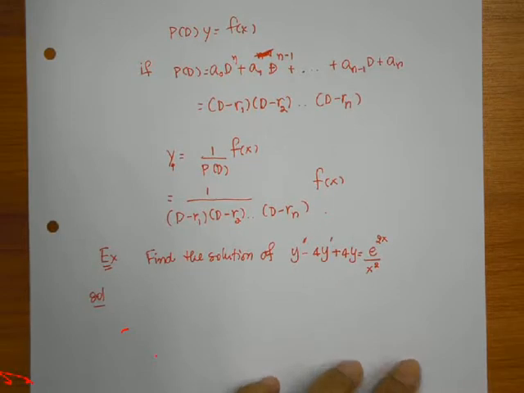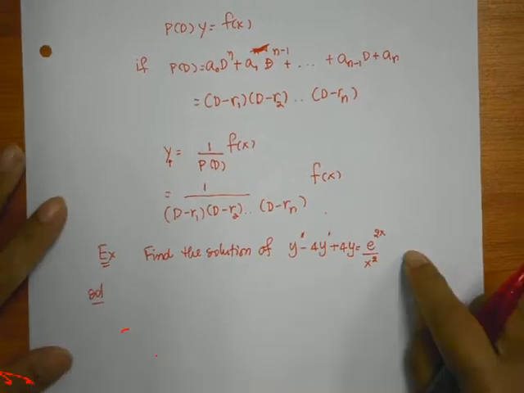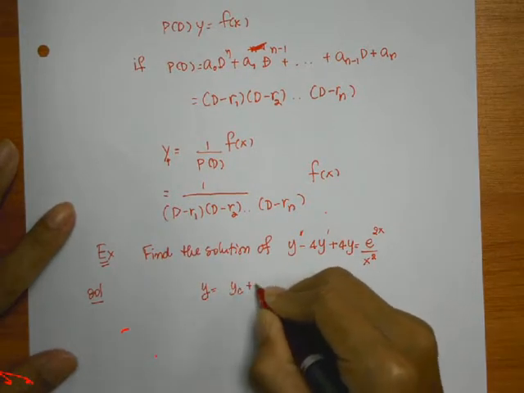So in that case, you got no choice, because this is the only second method that you learned. You cannot use other techniques now, because you just learned UC, and this is the second one that you are learning. So we are going to use our second method to find the yp of this differential equation. This is a non-homogeneous equation, so the answer would be composed of yc and yp.